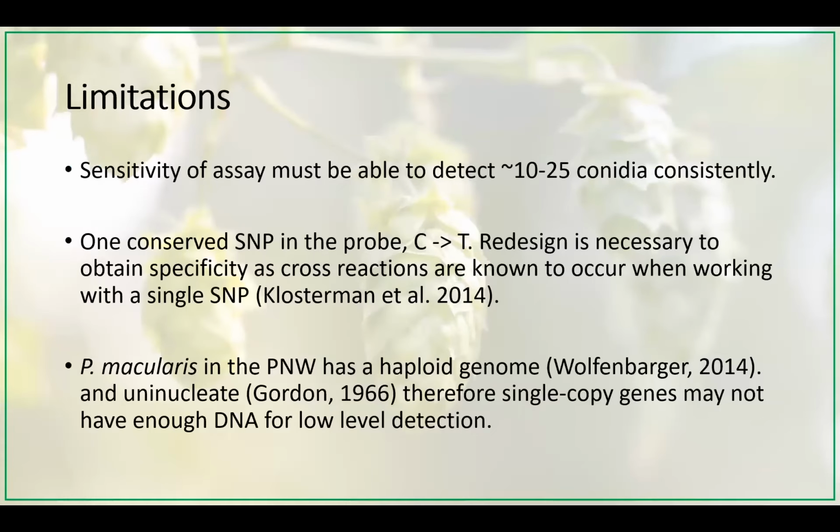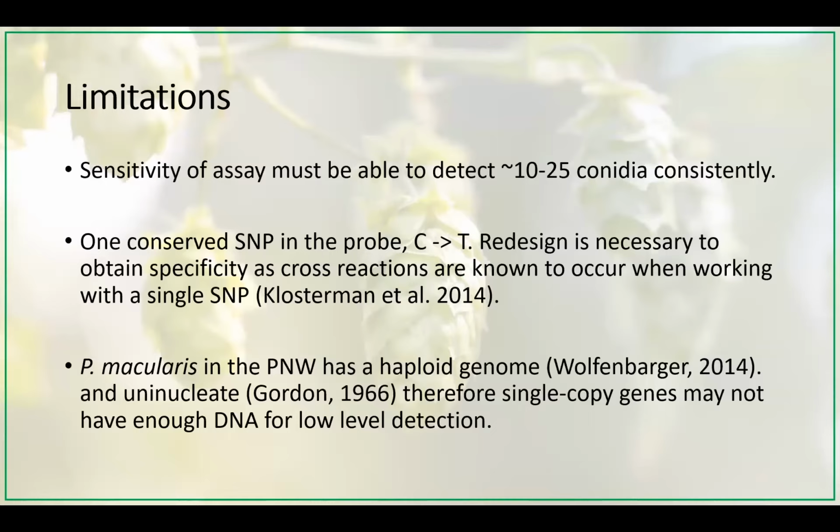So that leads me to the limitations of this objective, and that would be, first off, the sensitivity of the assay must be able to detect 10 to 25 conidia consistently, and we only have one conserved SNP, as I had mentioned before. This is a C in other powdery mildews, and then it's a T in the hop powdery mildew. So a redesign is necessary to obtain specificity.